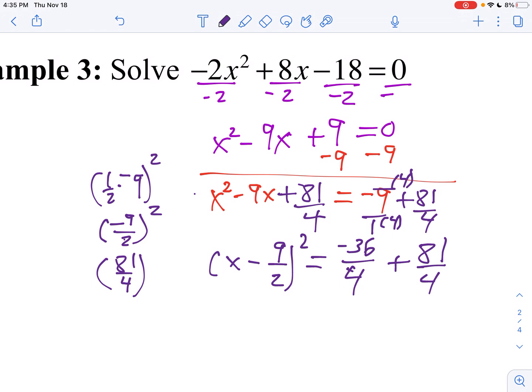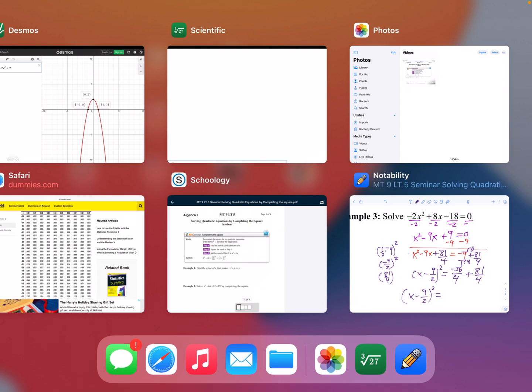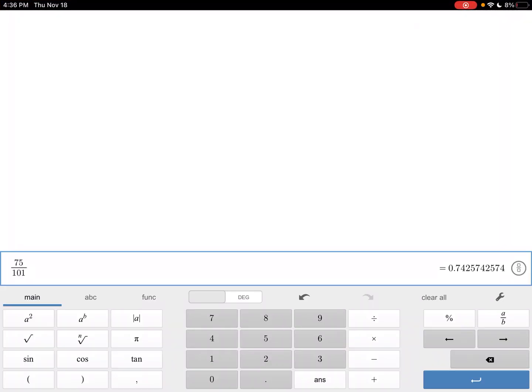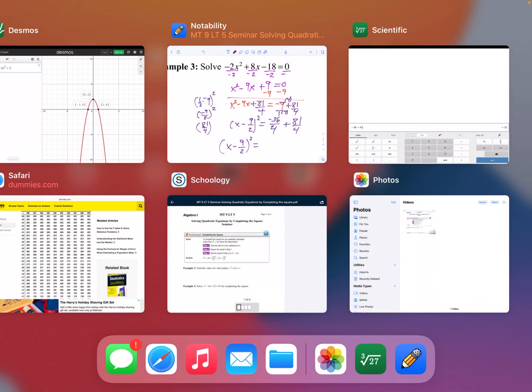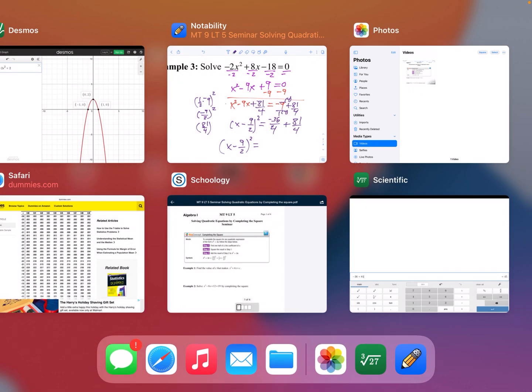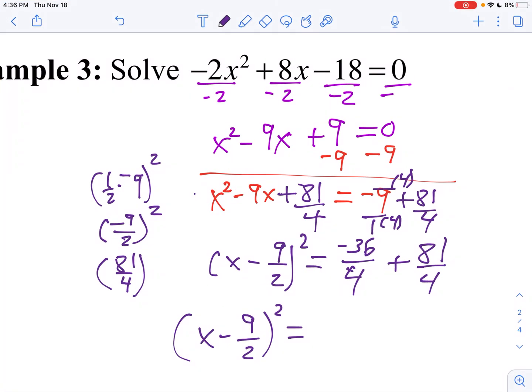So in other words, I get x minus 9 over 2, the quantity squared, if I take negative 36 plus 81, and I get 45. So equals 45 over 4.